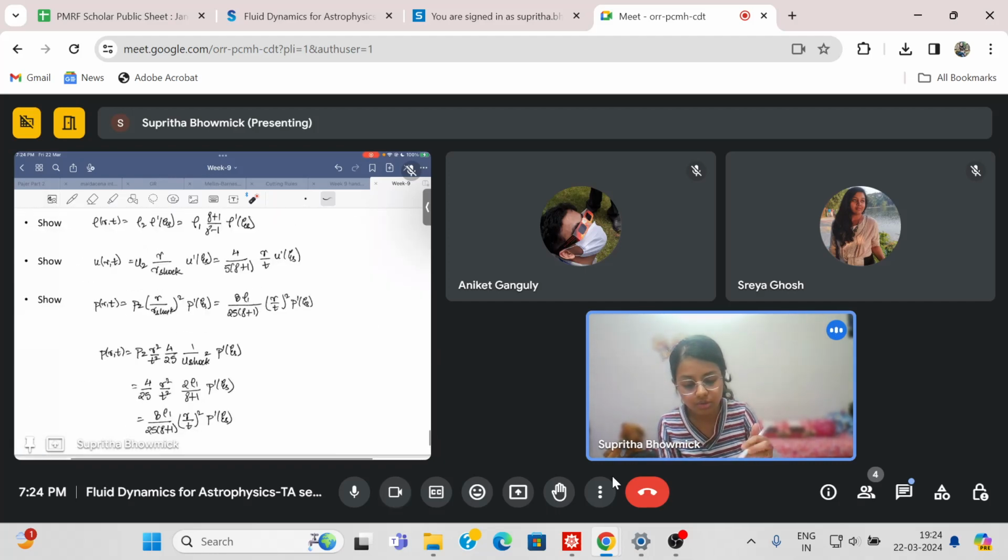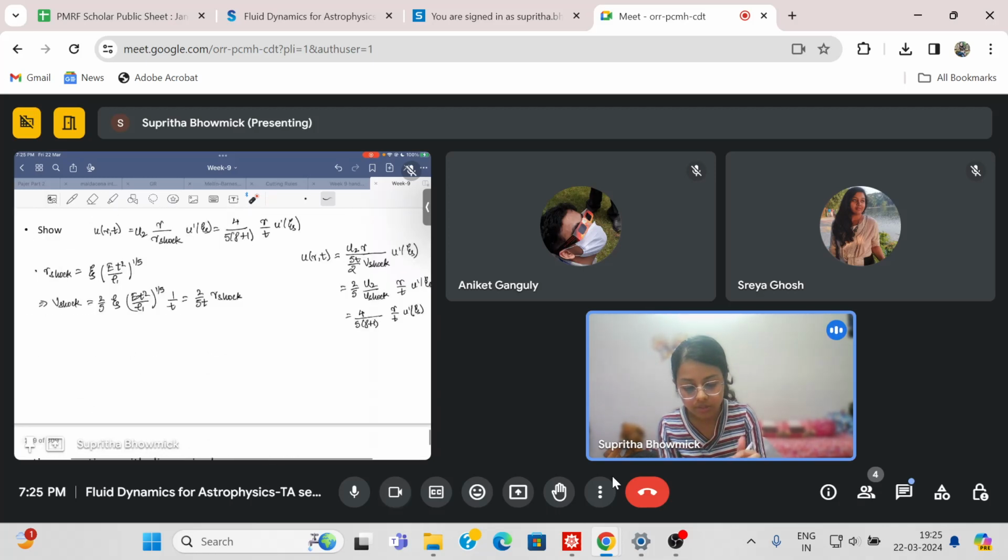Similarly, one can also show that P, if I define it with respect to the pressure in the post-shock region, in the shocked fluid, then I can relate it to R and T via this. Once again, I will substitute for R shock, right? So R shock was 5t by 2 times V shock.